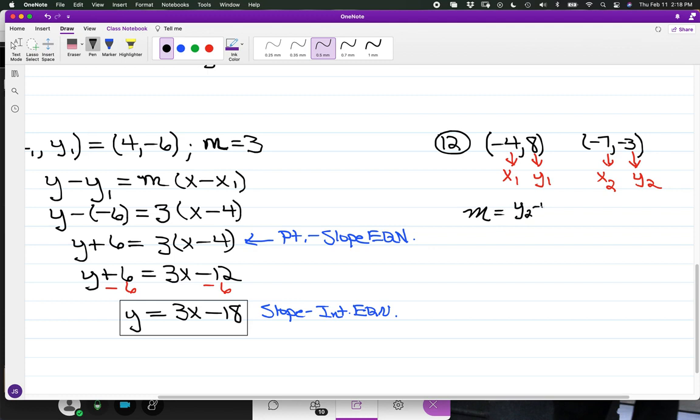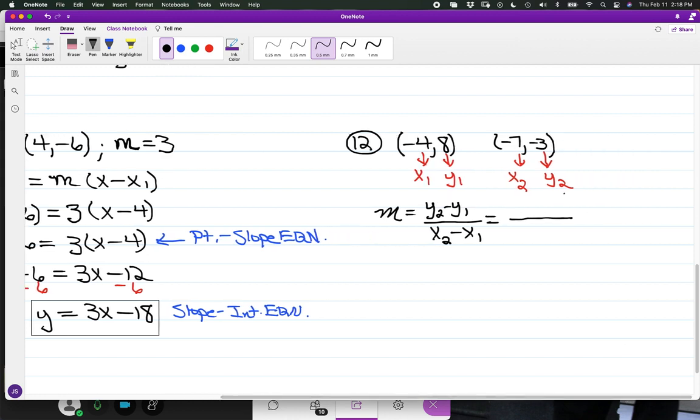Again, with the slope formula, we have y2 minus y1 all over x2 minus x1. Now we have the values stored up. So we have y2 at -3, subtracting y1, which is 8. x2 we have at -7, minus x1, so we are subtracting -4.